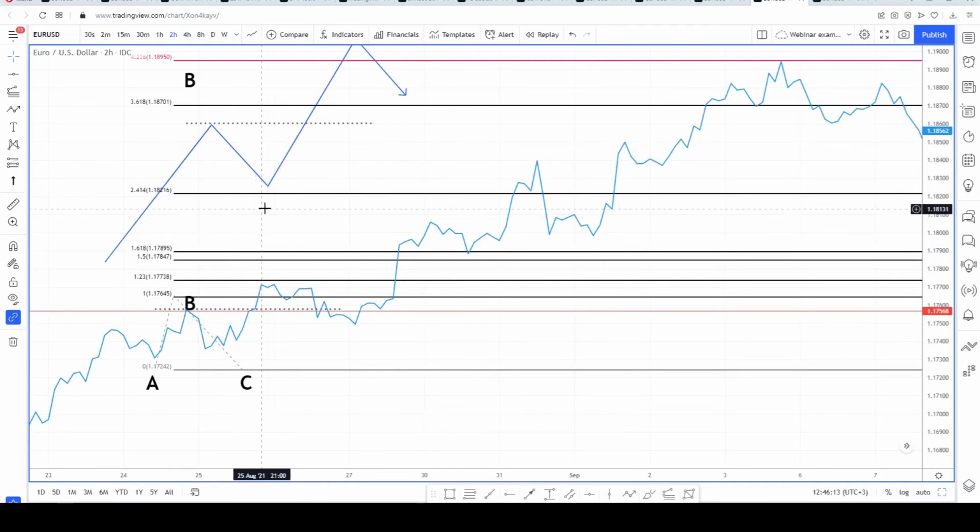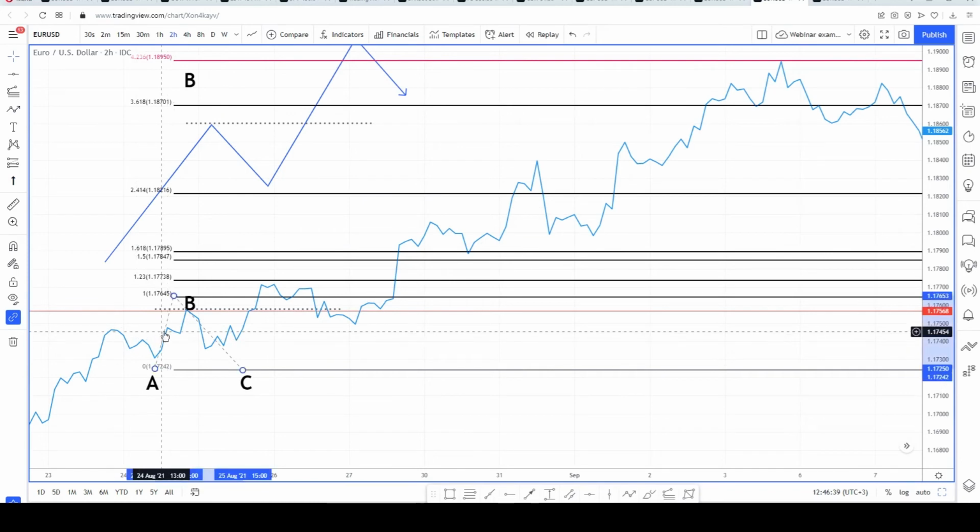And actually, people sometimes talk about these ABC formations as if they were very isolated occasions, something different to trend. I'm saying it's just a component in a trend, and you can see this repeated all the time. So if you go, let me take the lines off.